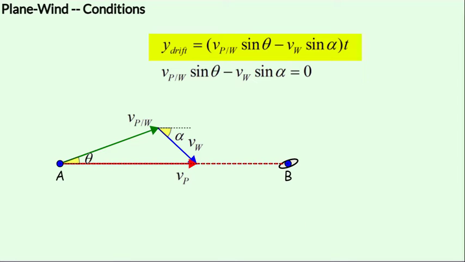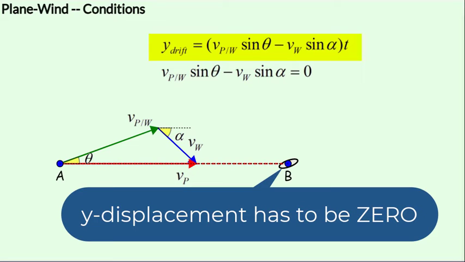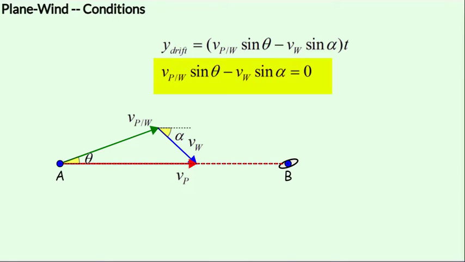The displacement along the y-axis has to be 0 and would mean that the velocity along the y-axis would have to be 0, as we are assuming no acceleration.